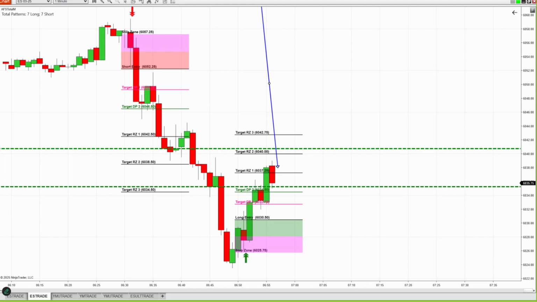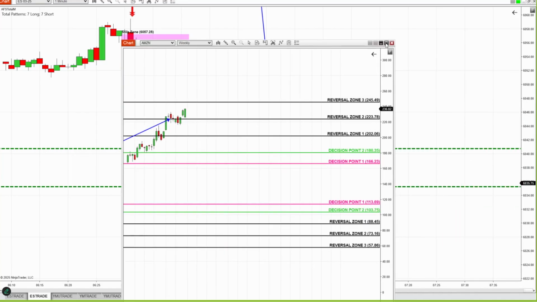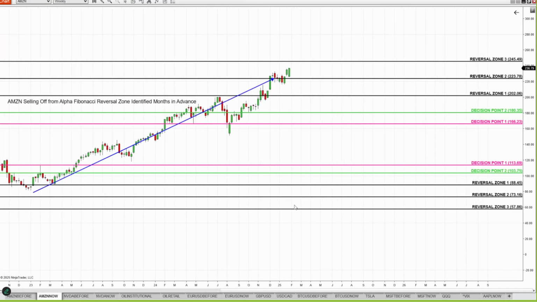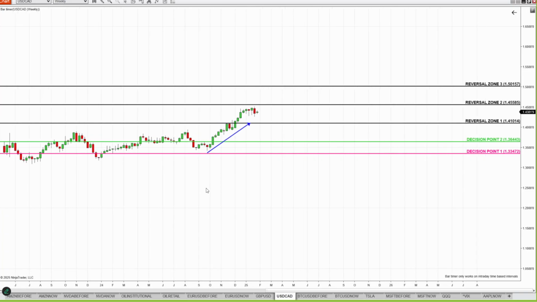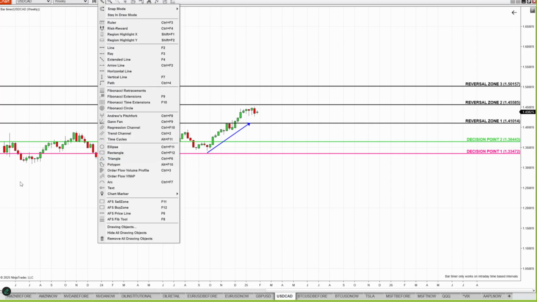RZ, reversal zone, is the identical level in a play on Amazon. Identical level in a play on the US dollar. Correct? The only difference, there is no software on this chart, only proprietary strategies, proprietary settings and proprietary rules.